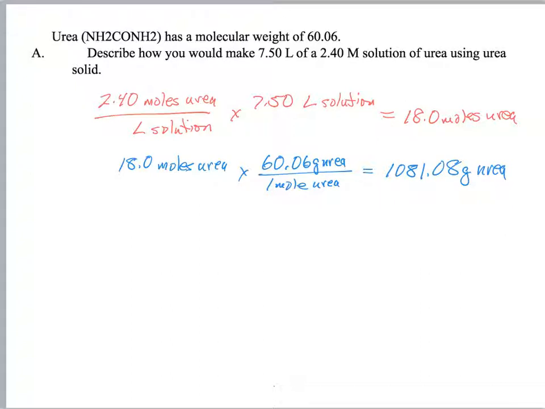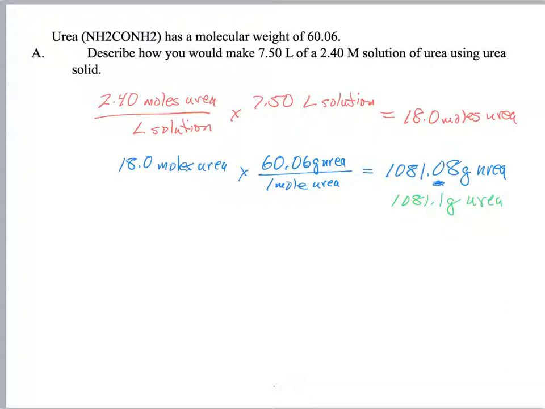So let's assume we have a balance that will weigh to the nearest tenth of a gram if we're weighing over 1,000 grams. So our balance will weigh to a tenth of a gram, so that would mean that we're going to weigh 1,081.1 grams of urea, if we can get there.